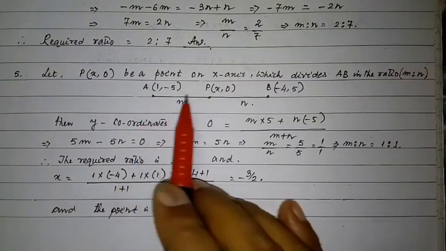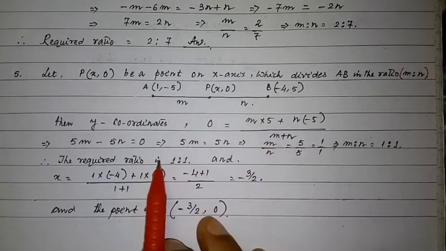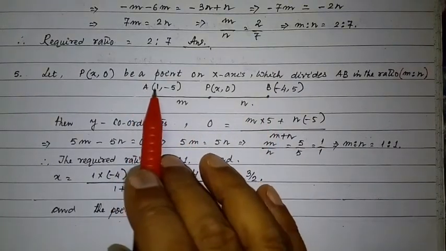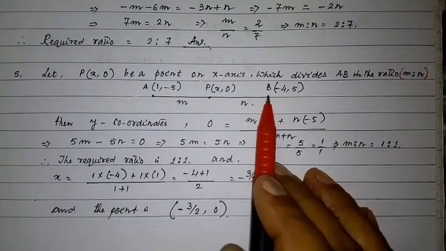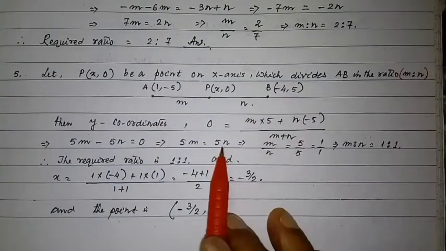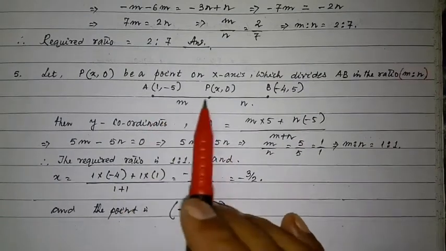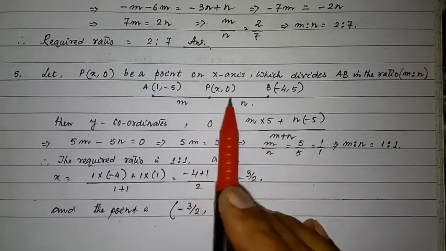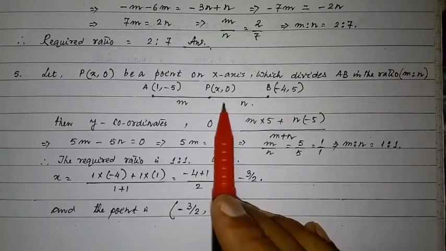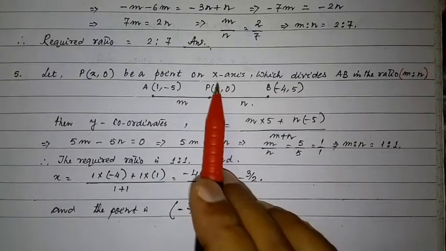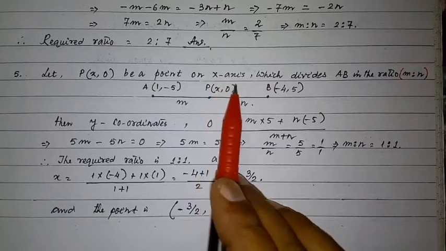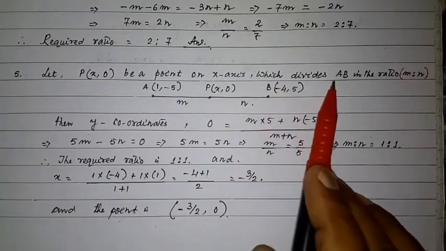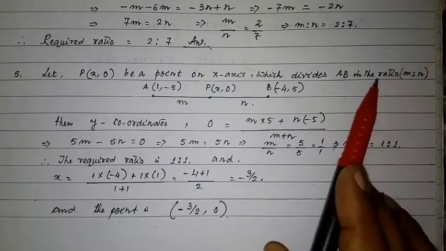So AB is the line segment joining the points A (1, minus 5) and B (minus 4, 5). Let P (x, 0) be a point on the x-axis. Any point on the x-axis has y coordinate equal to 0, that is why this is (x, 0), which divides AB in the ratio m is to n.